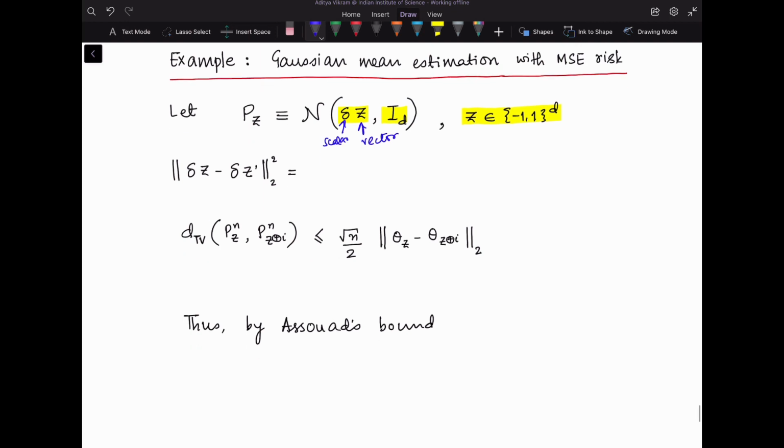Now we want to see if it satisfies that Hamming separation property. The loss function here, which is the mean squared loss, if you compute this for z and z dash, we get this is equal to 4 delta squared times the Hamming distance.